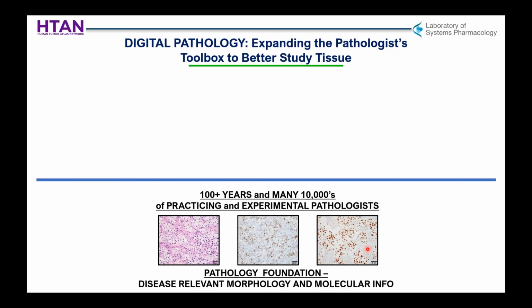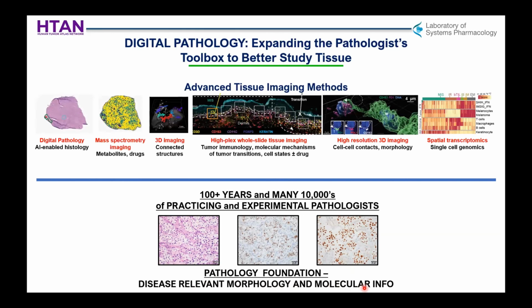But there's 100 years plus of information about morphology, key disease-relevant morphologies, and molecular information that we've gleaned that we can now put to bear on our patients. And now we have these pretty remarkable, amazing tools, and this is what I spend most of my day doing. So I'll tell you maybe the last 5 minutes of some of the stuff that I see our field going off and doing. We obviously have really interesting digital pathology tools with mass spectrometry imaging.